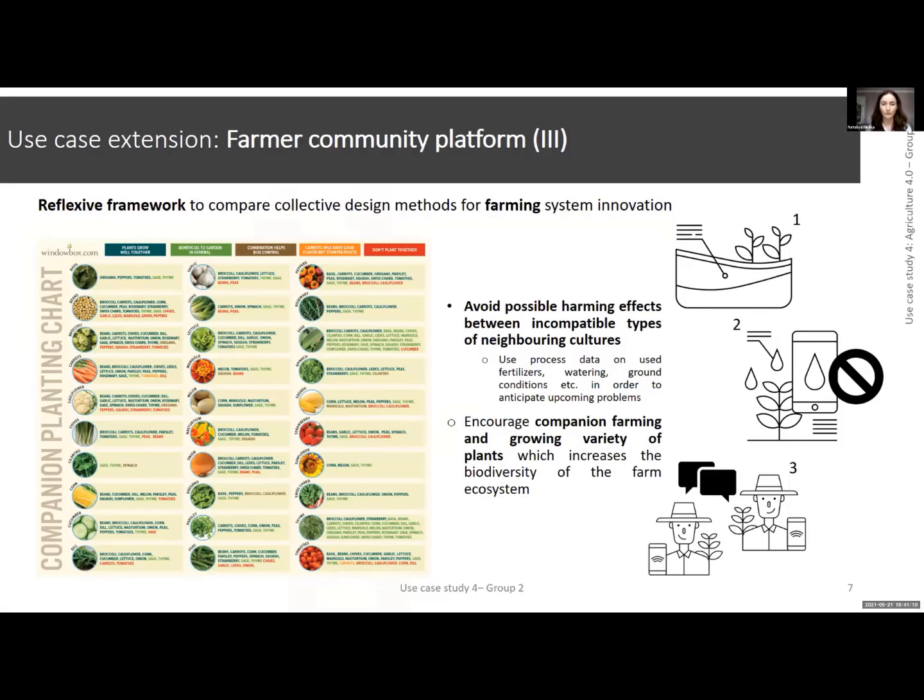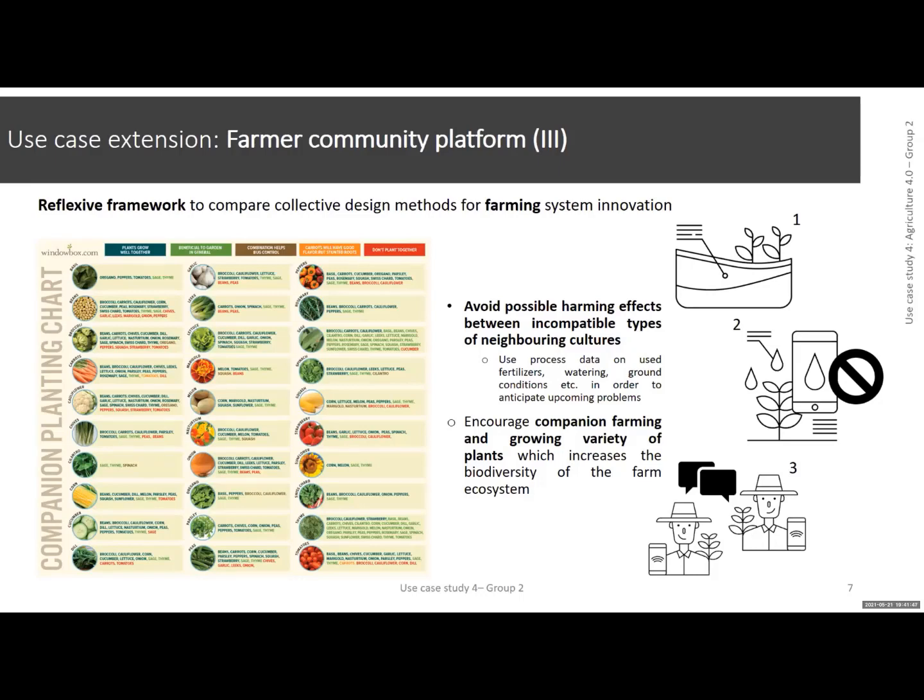Let's say we have two neighboring farmers, and they grow totally different types of plants. For example, one of these plants requires a specific fertilizer or specific watering system, which could be potentially harmful to the neighboring field. So by using our farmer community platform, the farmers could align on their practice on the plants they are growing, and in this way avoid this problem.